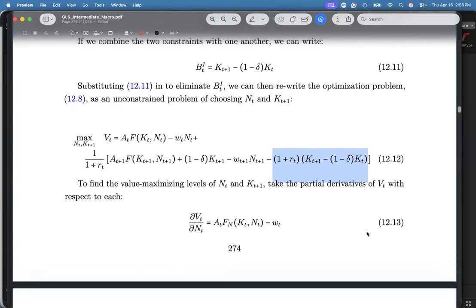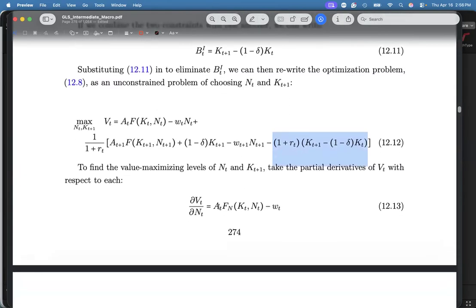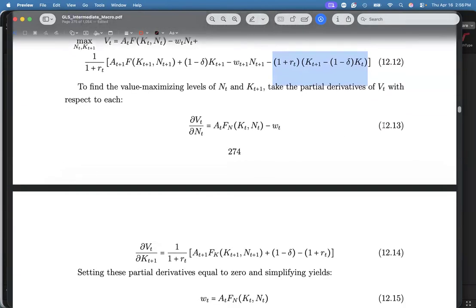Okay. Next, to find the value maximizing levels of N, T, and KT plus 1, take the partial derivatives of V with respect to each. So now you're gonna take, ito si 12.13, 12.14. First order condition, same lang. This is just the derivative of the value function divided by N, where N happens to be labor, right?